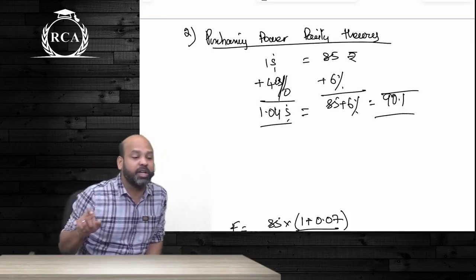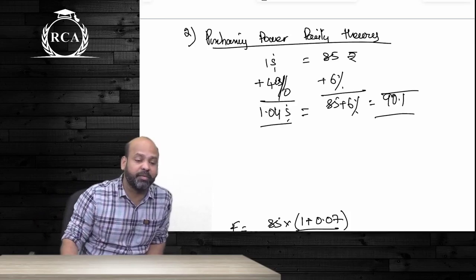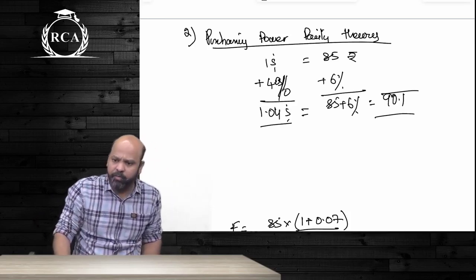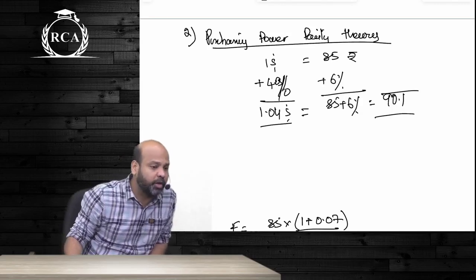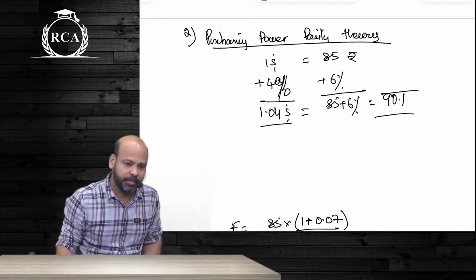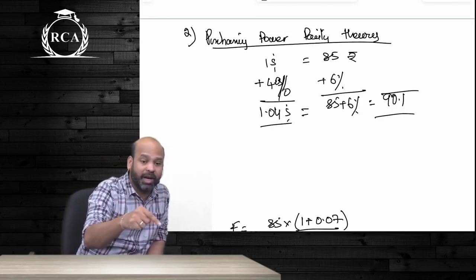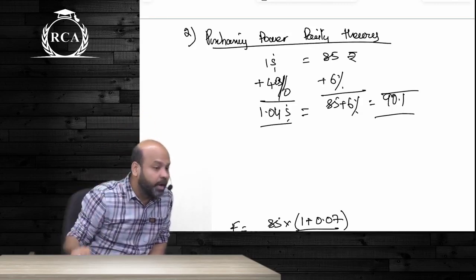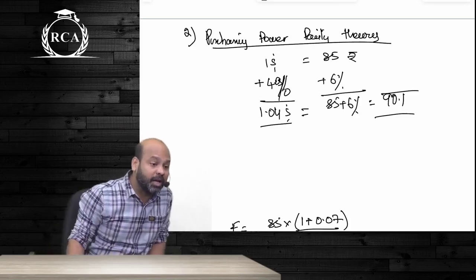In case the question tells us, beta, that the short term interest rates prevailing in India are 8% and you will be able to borrow at 12%, will you take 12% in IRPT or will you take 8%? 8%. Exchange rates are not based on the rate at which you will be able to borrow, guys. Exchange rates will be based on interest rates that are prevailing in the entire economy.